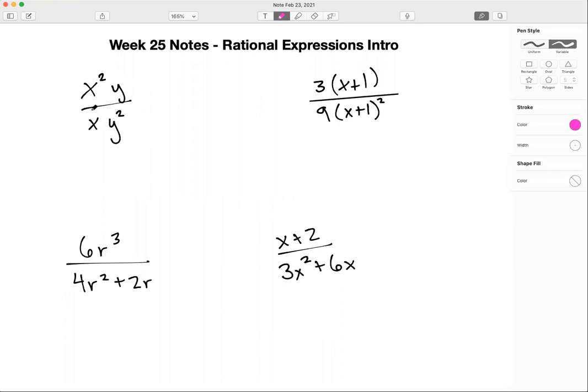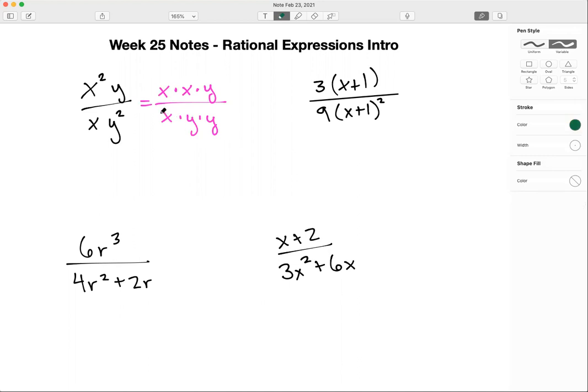We simplify them by canceling things on top and bottom. So whenever you find something on the top that matches something on the bottom, when you have multiplication, then you can cancel it. For example, in this first one, x squared y over x y squared can be written as x times y on the top, over x times y on the bottom.